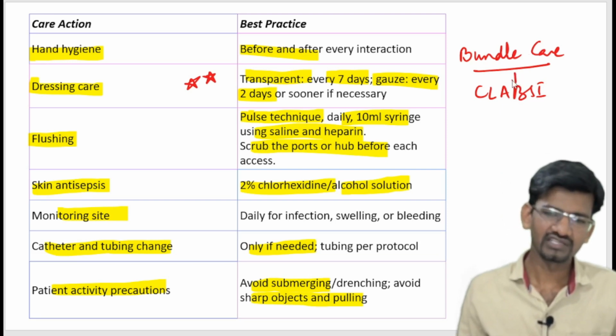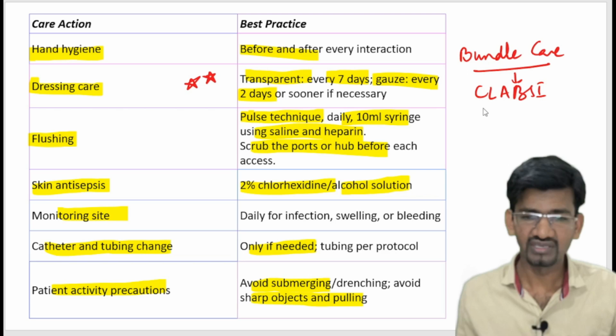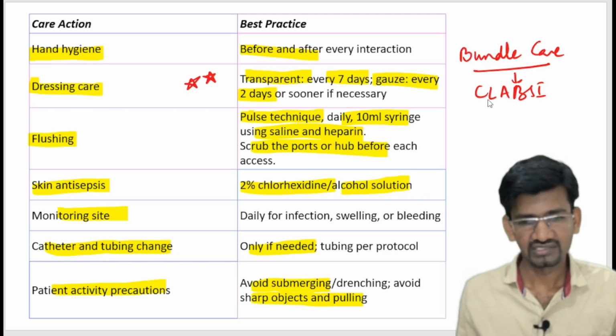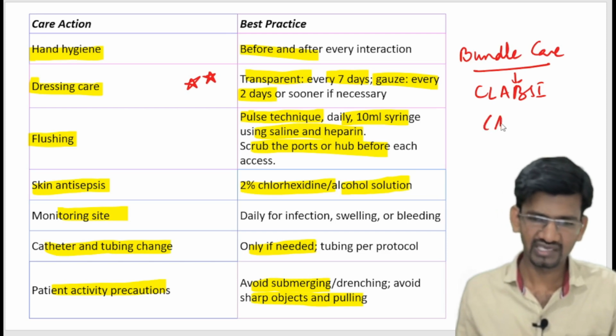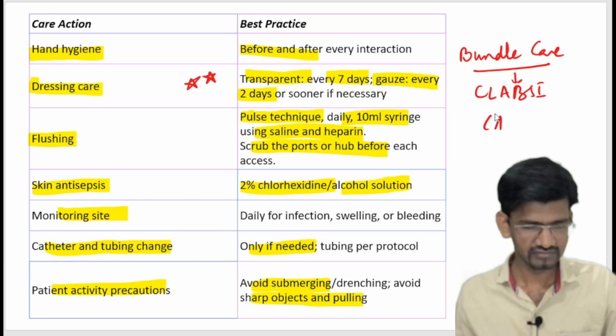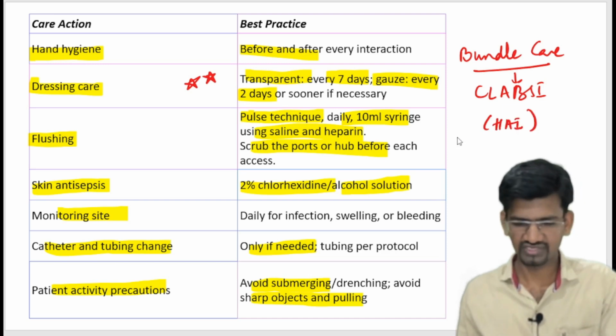Bundle care is the guidelines given to prevent the infections related to central line associated bloodstream infections. That is an HAI, hospital acquired infection.